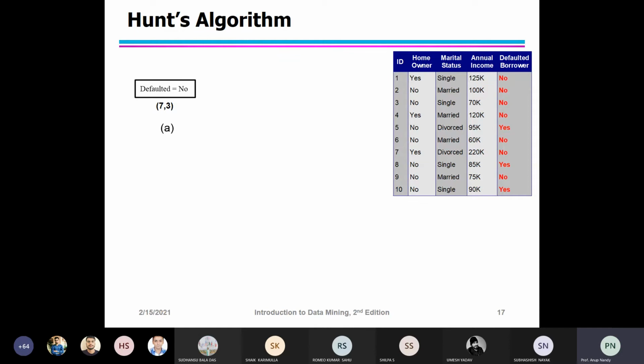This is based on the outcomes of the homeowner test condition. Now, what is the justification for choosing this attribute test condition? The justification for choosing the attribute test condition will be discussed later.